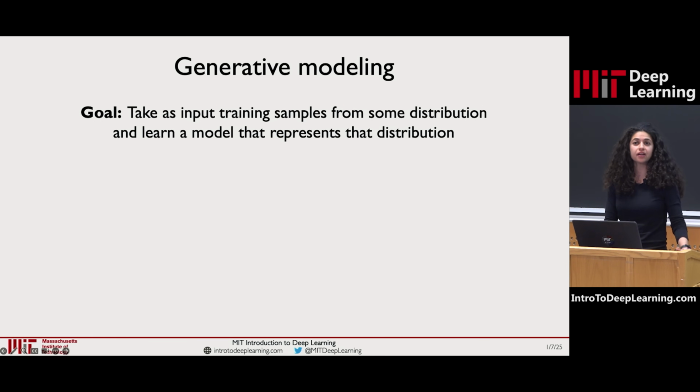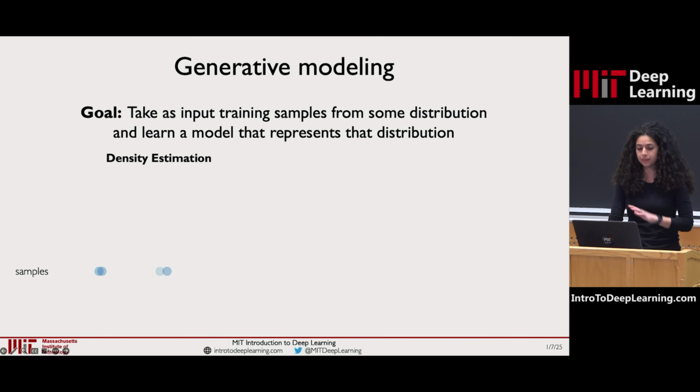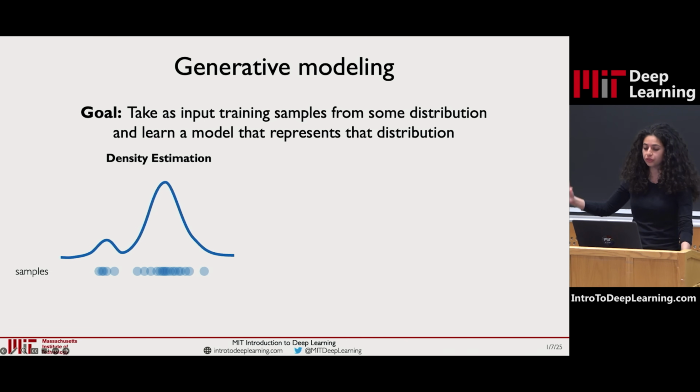The first is by doing what we call density estimation, where the principle is, given some set of samples along some probability distribution, we want to train and build up a model that can learn the underlying probability distribution that describes and captures the space from which this data came.